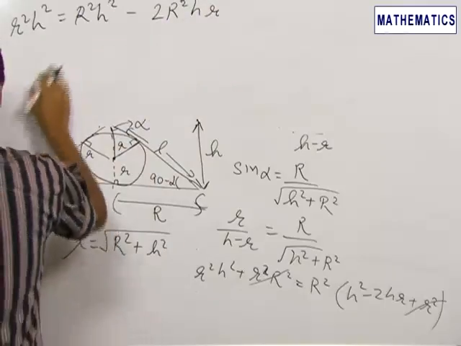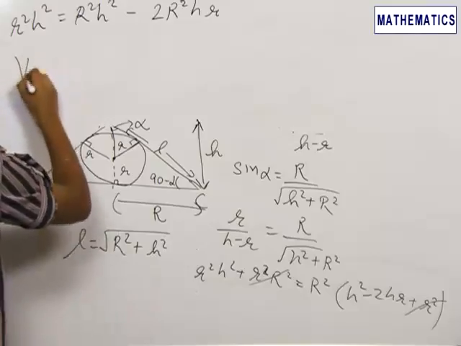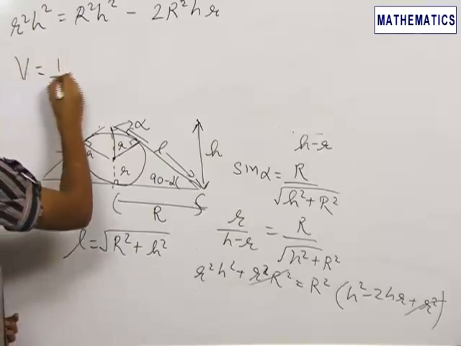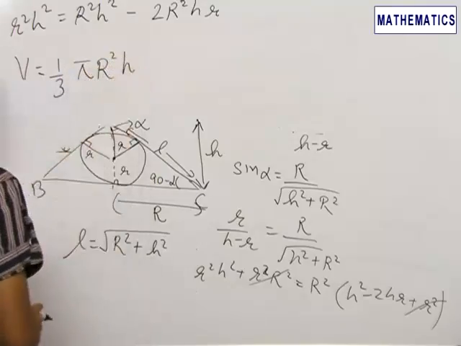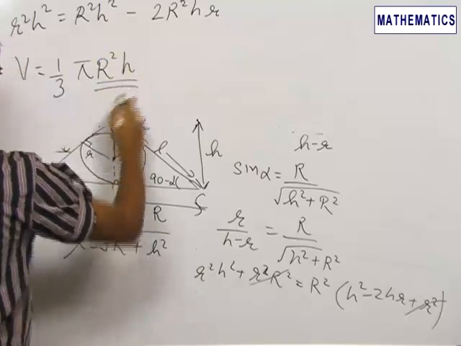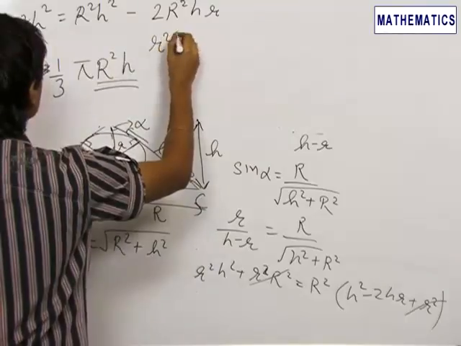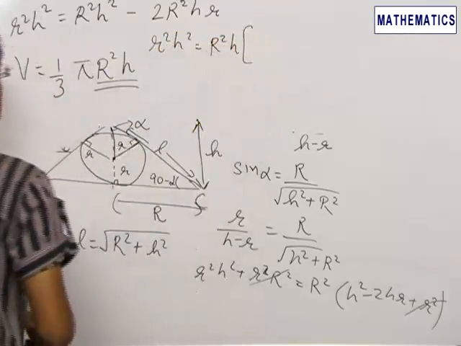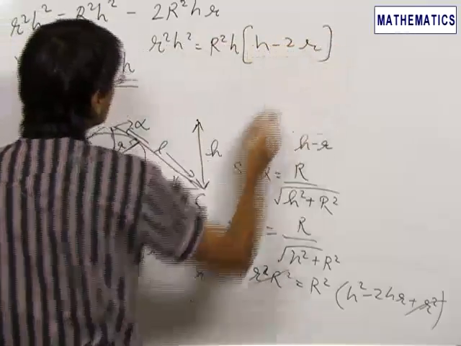Now we need to minimize the volume of the cone, and we know that the volume of the cone is equal to 1 by 3 pi R square h. So from over here we require R square h. This r square h square is equal to R square h, we'll take out common and we'll get h minus 2r.